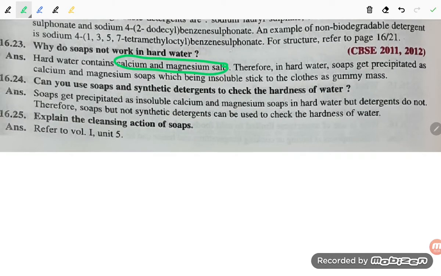Can you use soap and synthetic detergent to check the hardness of water? Soap gets precipitated as insoluble calcium and magnesium soap in hard water, but detergent does not. Therefore, soap but not synthetic detergent can be used to check the hardness of water.